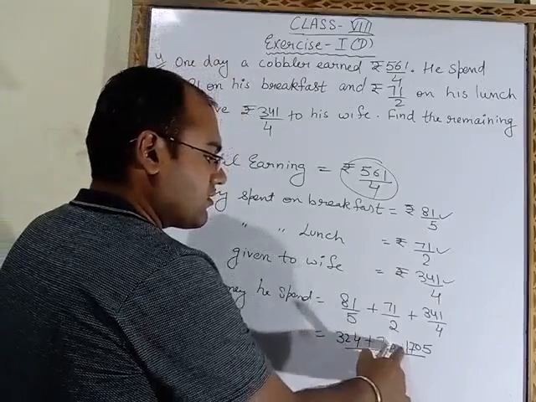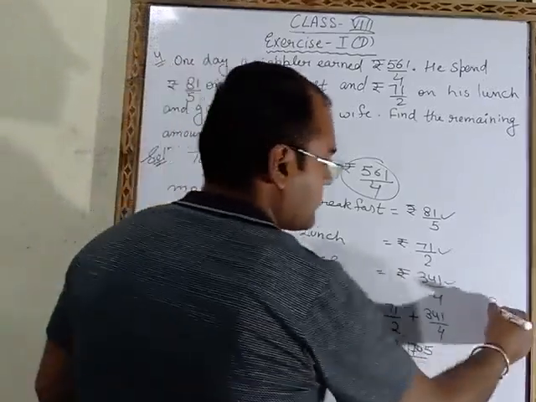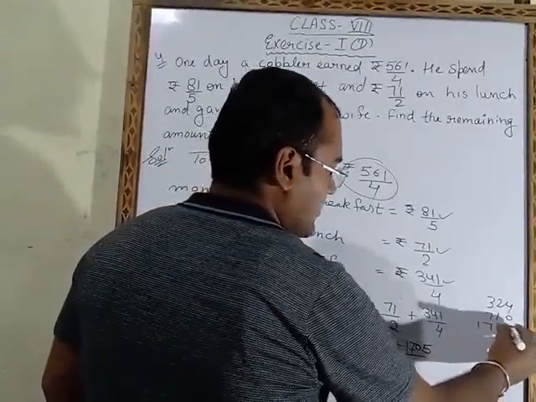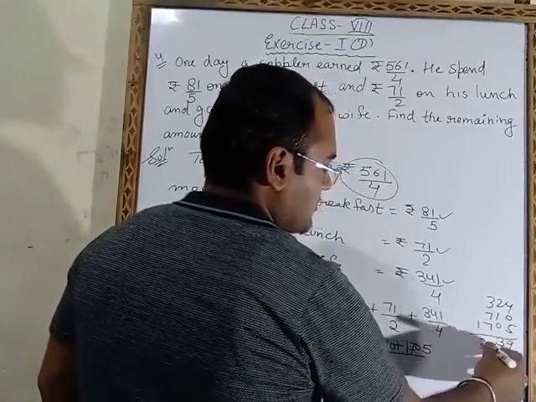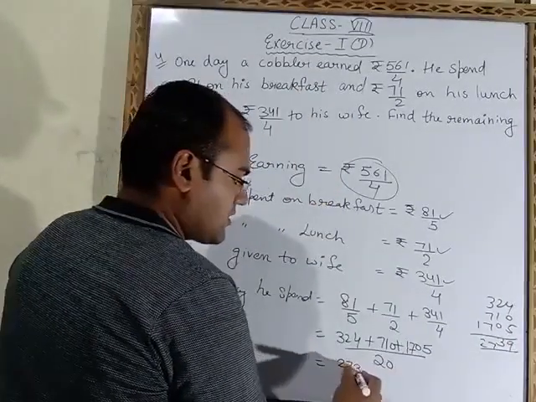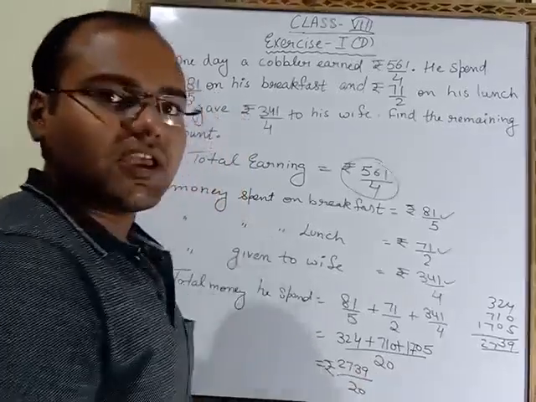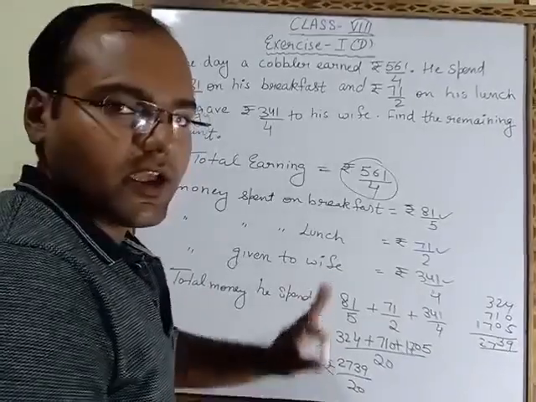Now what we will do? We will add these three numbers: 324, 710, 1705. Answer is 2739 upon 20. That means this much rupees he had spent.